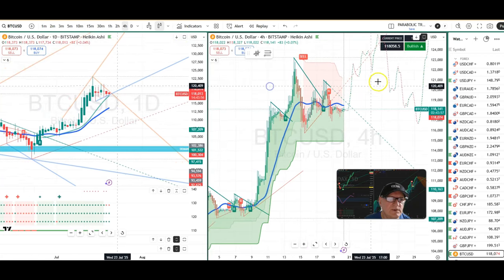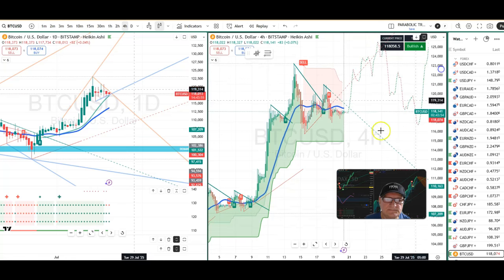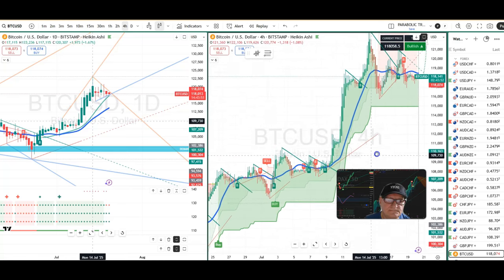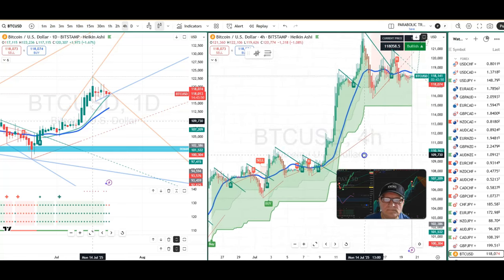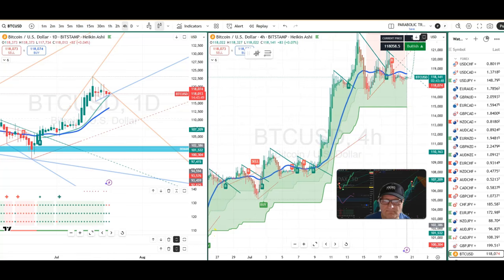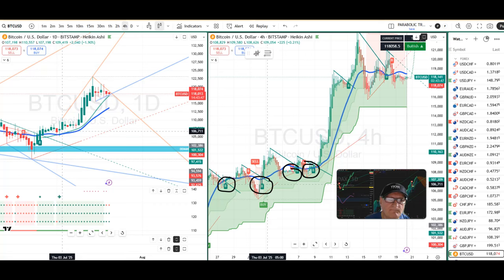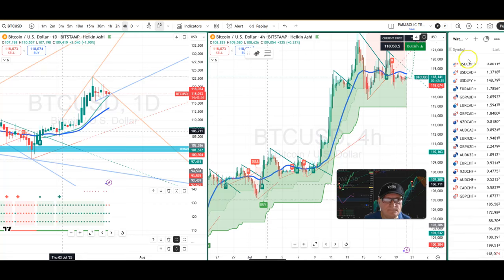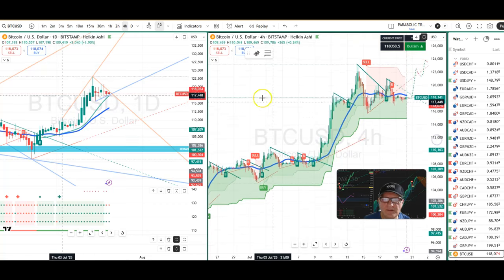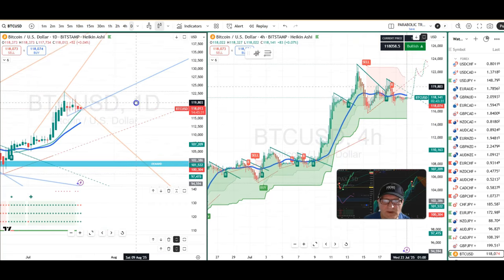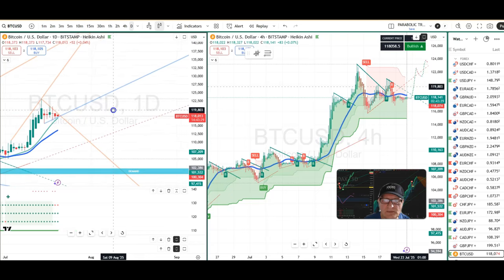So this is what happened on Bitcoin. So we are going to be seeing a big move. Maybe this week. The price is holding onto market structure and all the buyers will step in.